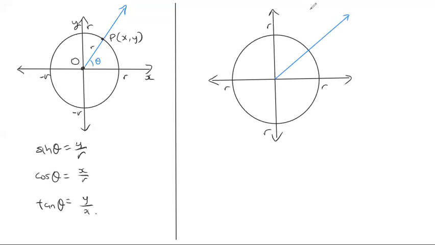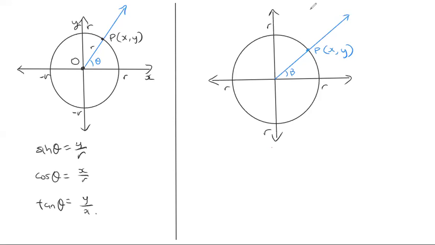Now, instead of calling it theta, let me just call this one beta. And I'll still call this P. So P will have some sort of x coordinate and y coordinate, right? Everyone agree with that?